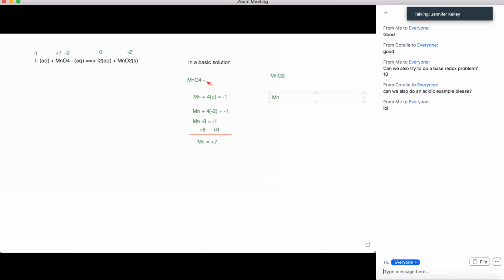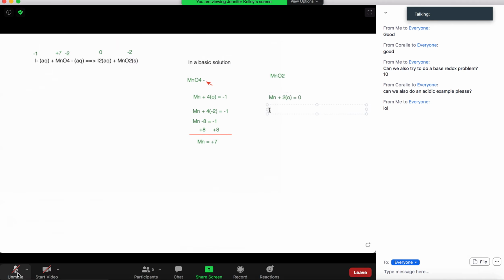So it's manganese plus 2 times whatever oxygen is equals 0. All right? And then, so it's manganese plus 2 times, and we assigned oxygen as -2, equals 0.